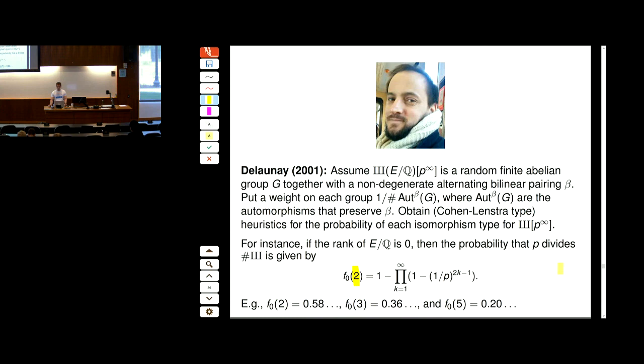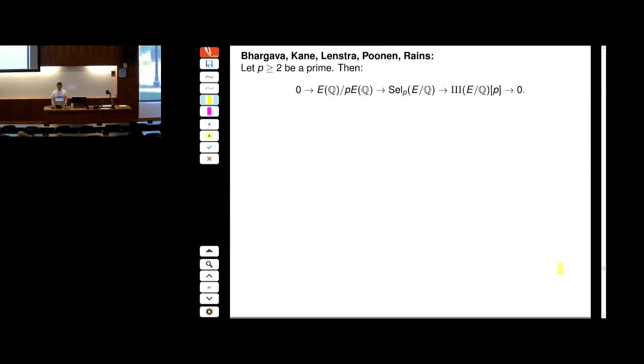Okay? And this is in the limit. So you have to take all the elliptic curves together. In the whole family, these should be the probabilities, or at least according to Cohen-Lenstra type heuristics. Bhargava, Kane, Lenstra, Poonen, and Rains did, remember what Friedman and Washington did?